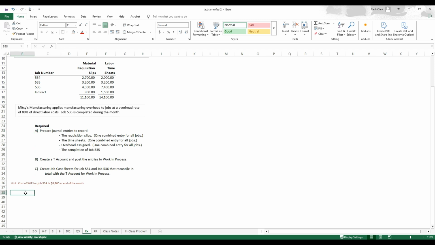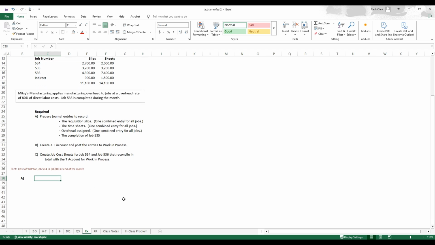Okay, so let's go down here. I'm just going to type in A. This is corresponding to our first section. And what we want to do with this part of the problem is we want to create a bunch of journal entries, essentially.